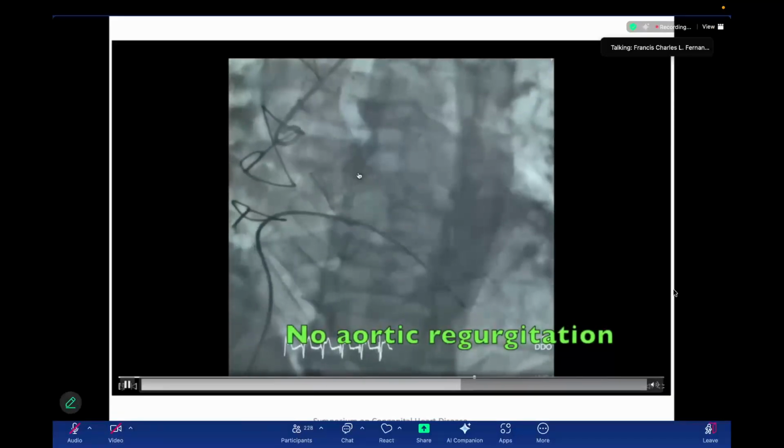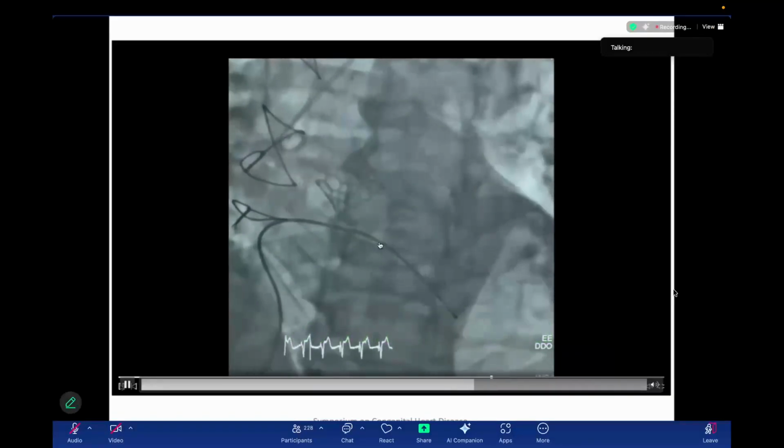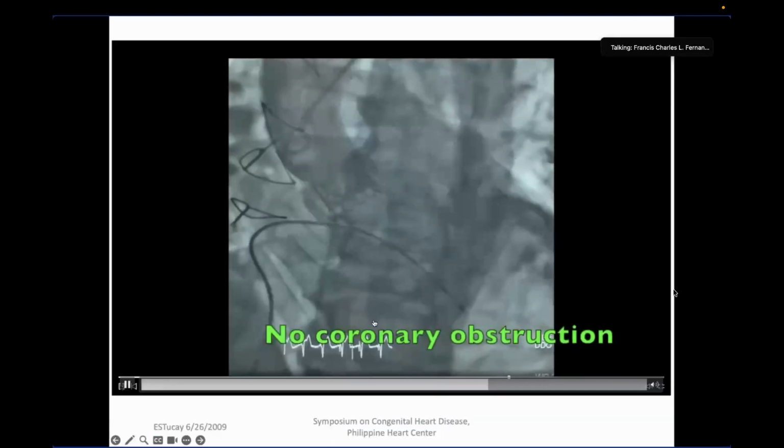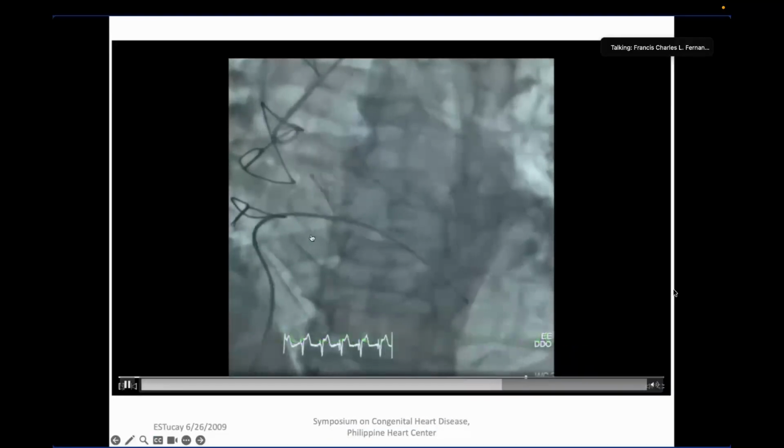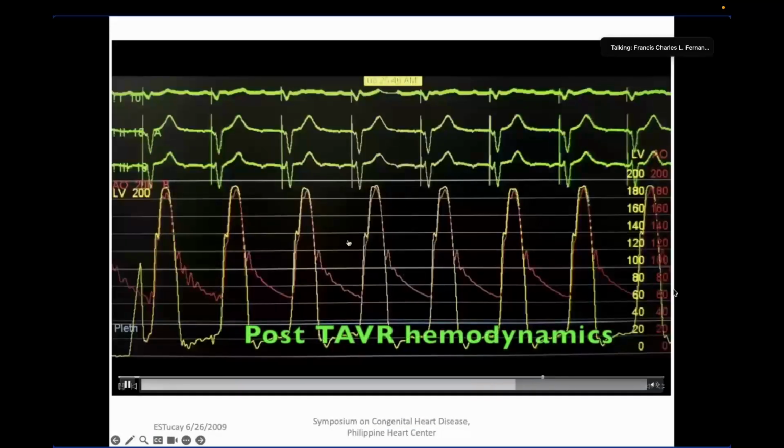There is no aortic regurgitation and no coronary obstruction. You can see the left and right, so you can see it flowing. So compared to a while ago, the gradient has now been obliterated. Wala na. Pareho na. Pantay na. So that's what you want to achieve. However, you're having some pacing pa dito.